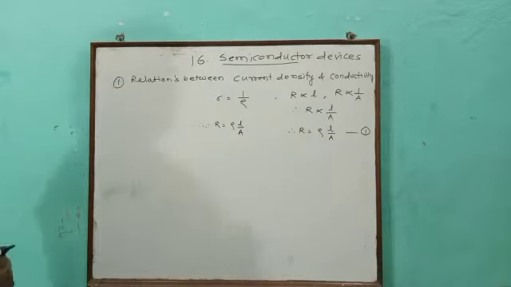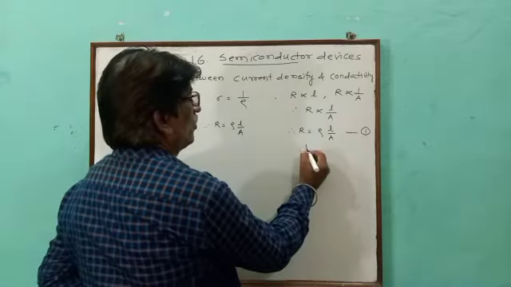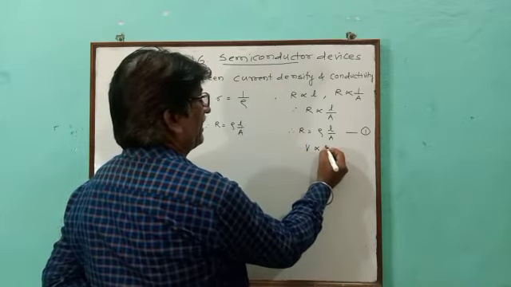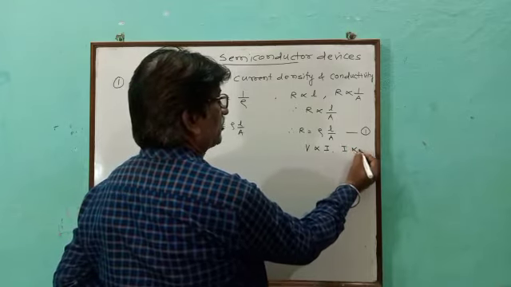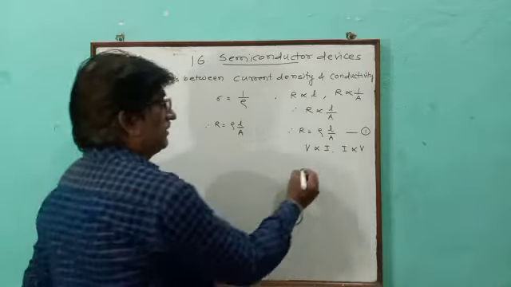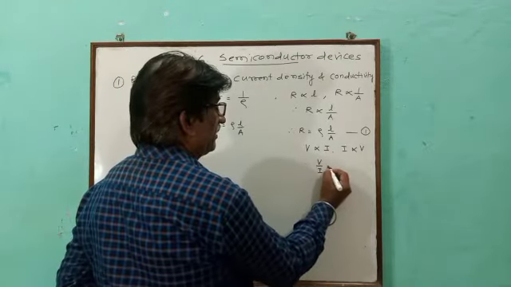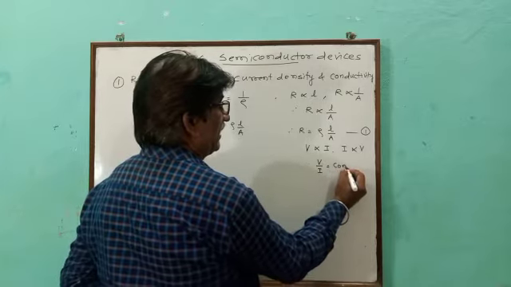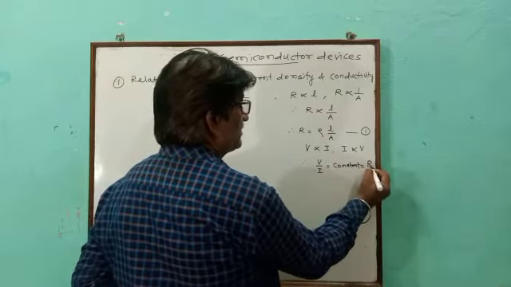See here, we know Ohm's law. Ohm's law says potential is directly proportional to current, but the ratio of potential to current is constant, and the constant is said to be resistance.